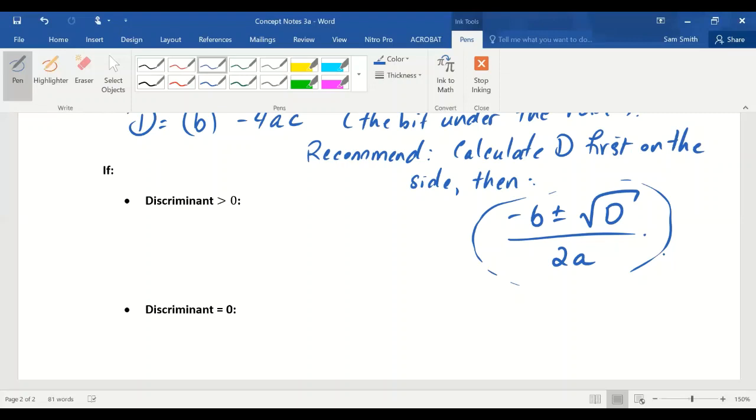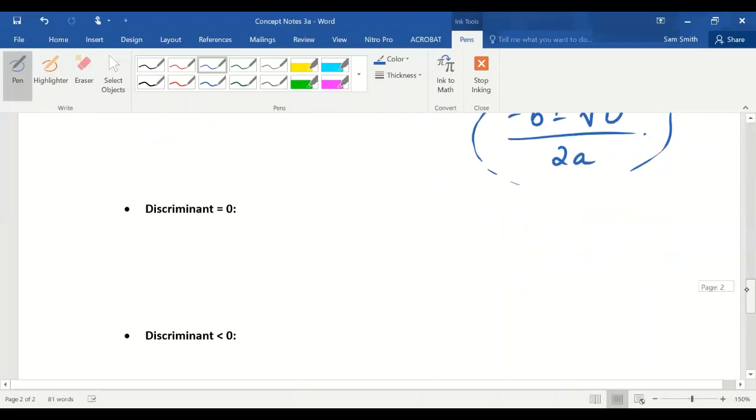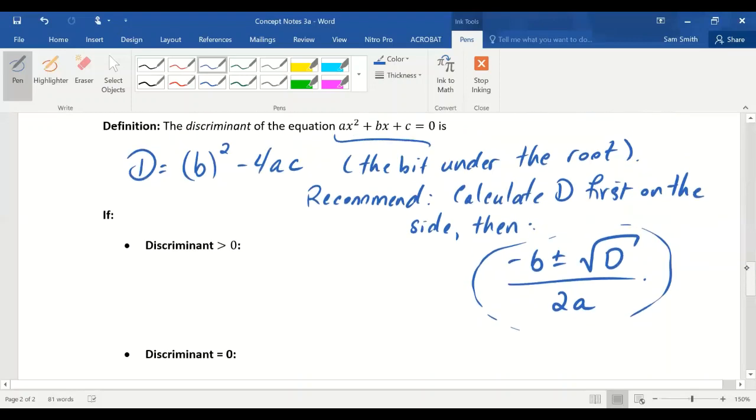Depending on whether the discriminant is positive, negative, or 0, it will tell you whether you have 2 solutions, 1 solution, or no solutions at all.